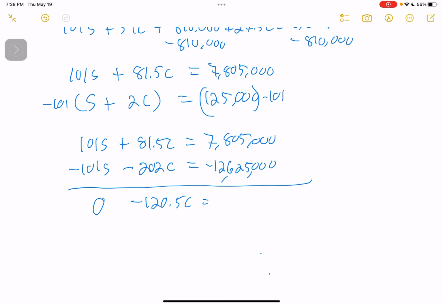We're going to add to that 7,805,000 and get negative 4,820,000. So that makes sense. Like just under 8 million minusing like 12.5 or so. Yeah, so it's 4.8. Now we can divide by negative 120.5.